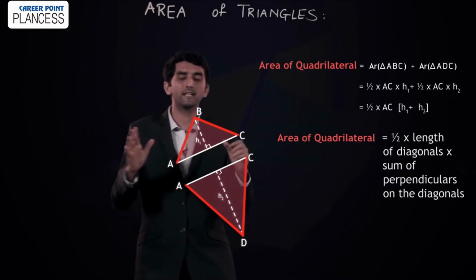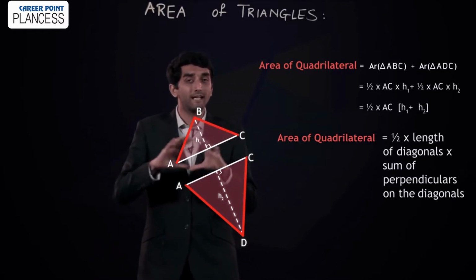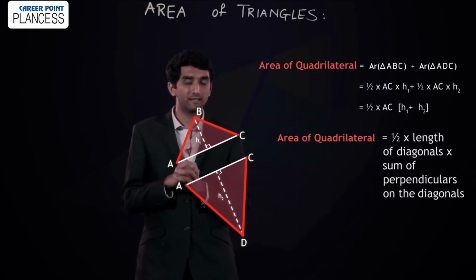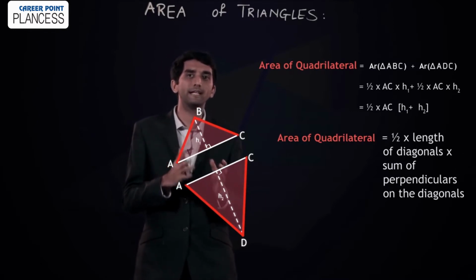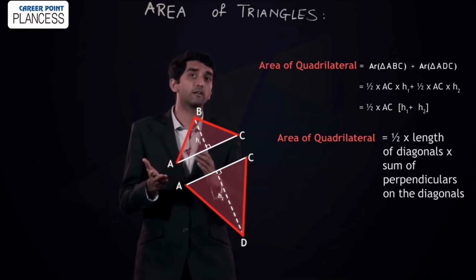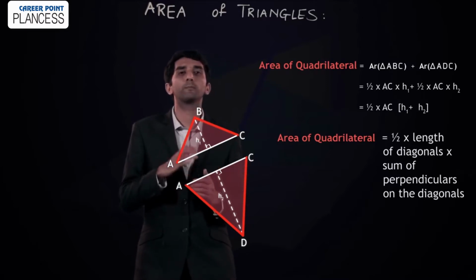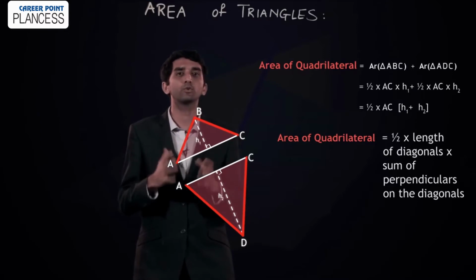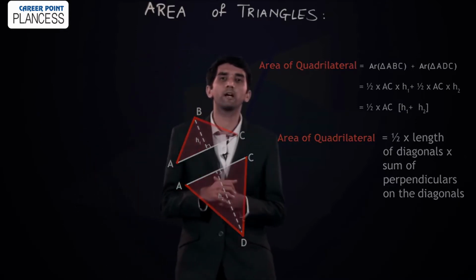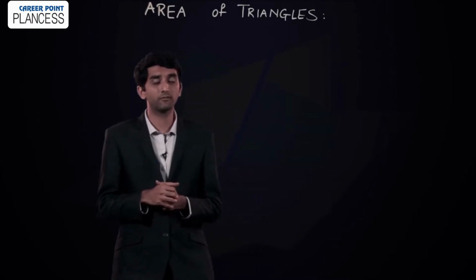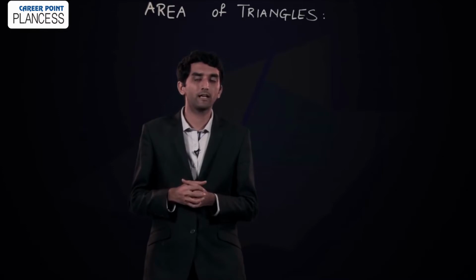So the basic idea is that the area of a general quadrilateral is half into the length of a diagonal into the sum of the perpendiculars dropped onto that particular diagonal. This is how we have used the formulas of areas of triangles which we have learned to find different areas of different quadrilaterals.